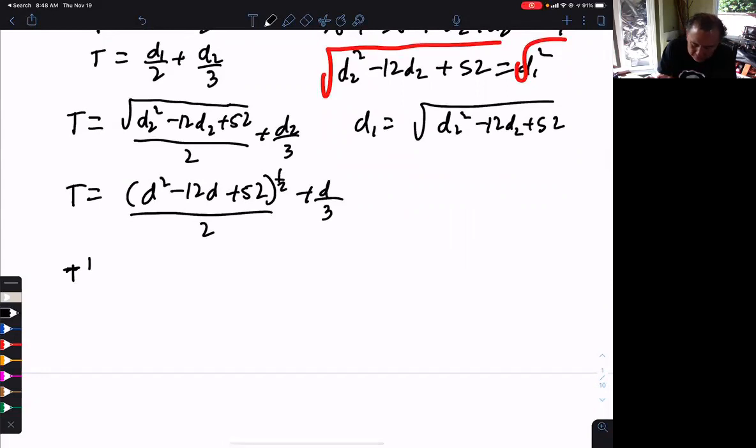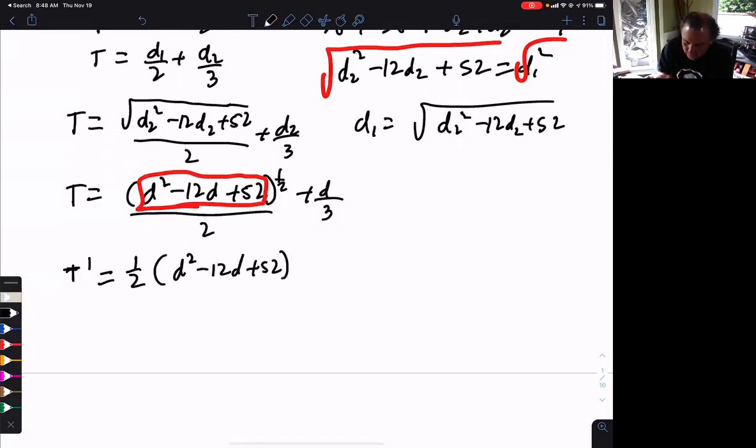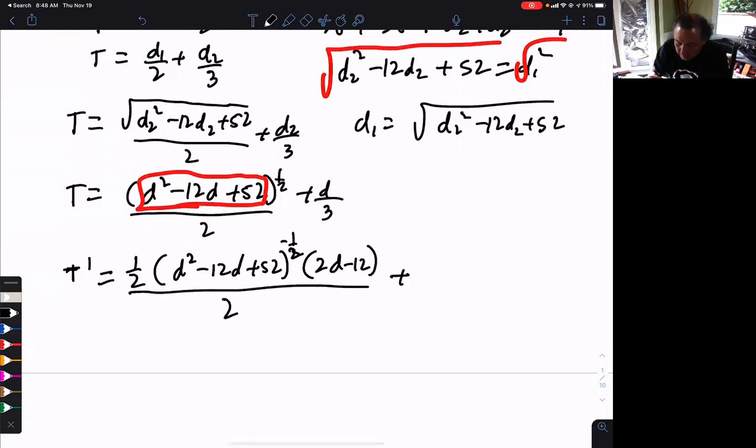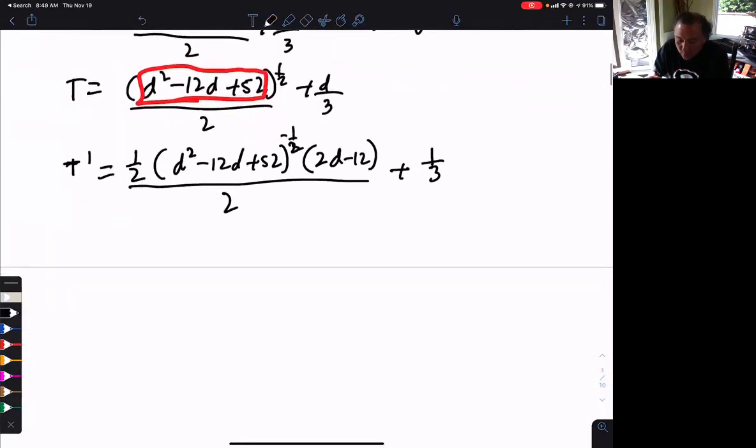What's the derivative of t? Well, this one I have box to the 1/2 power. So I bring the 1/2 in front, and then I have box to the negative 1/2 power, but now I multiply by the derivative of the box, which is 2d minus 12, and that's all over 2, plus the derivative of that is 1/3. Okay, let's just keep going here.